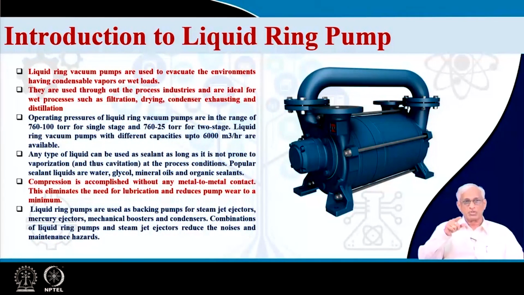And the liquid that you are using is also called here a sealant, in addition to cooling duty, but main duty is sealant. In rotary pump, oil is acting like a sort of sealant, but more of lubricant purpose and coolant purpose also.